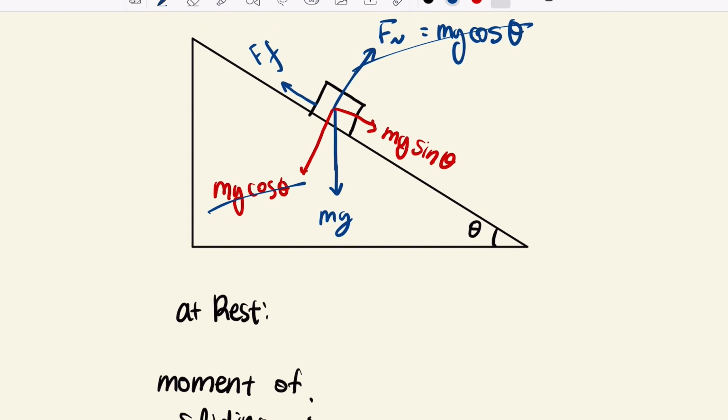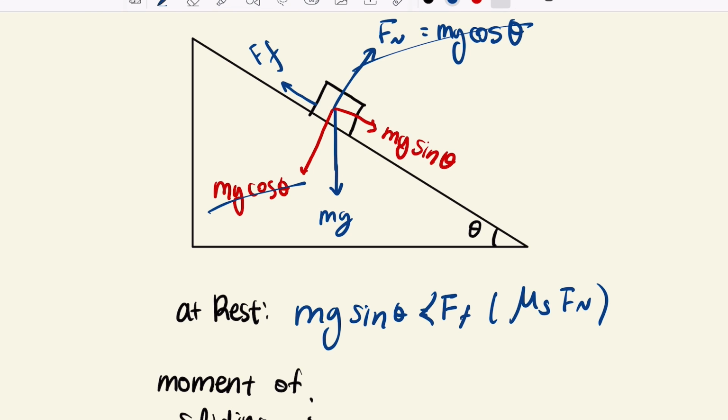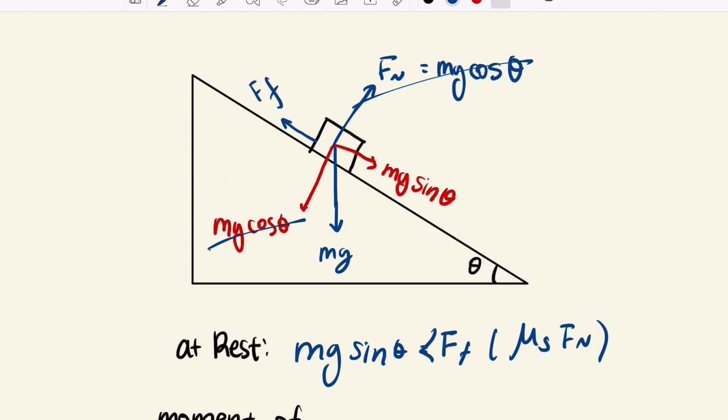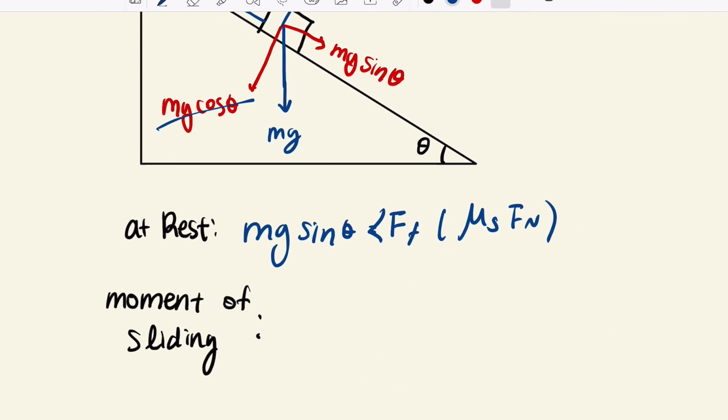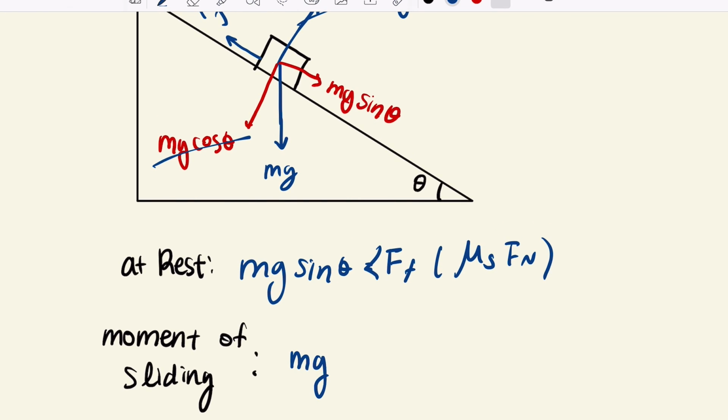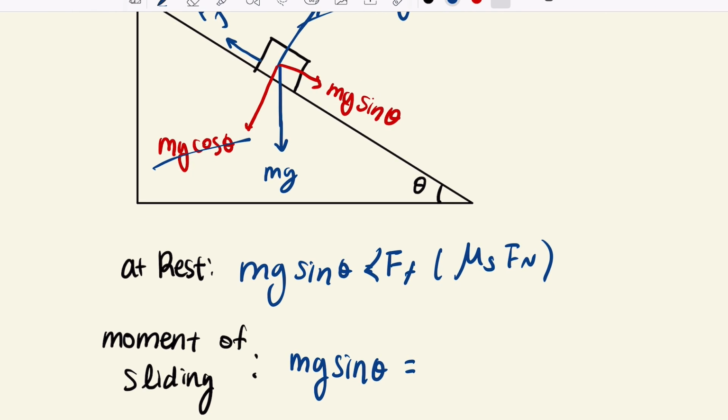So basically, if the box is at rest, we know that mg sine theta needs to be smaller than or equal to the force of friction, which is mu s Fn. However, at the exact moment when the block begins to slide, mg sine theta equals the amount of friction, which is mu s Fn.